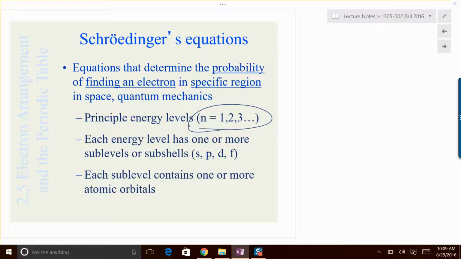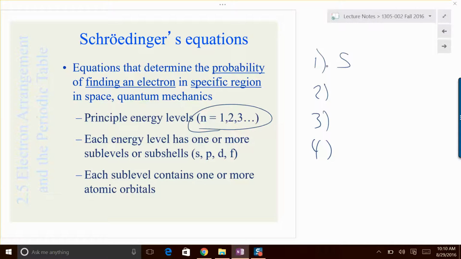Okay, all right, so each sublevel contains one or more atomic orbitals. Energy level 1, 2, 3, 4. Energy level 4 has how many sub-energy levels? The answer to that is the number that it is. If its principal energy level is 1, it has how many sub-energy levels? 1. It has 1 S. That's all it has. It has an S sub-energy level.